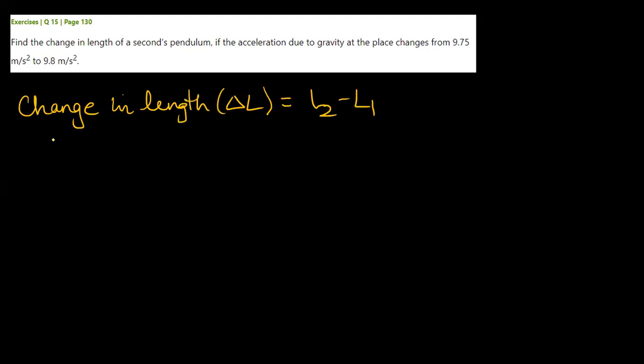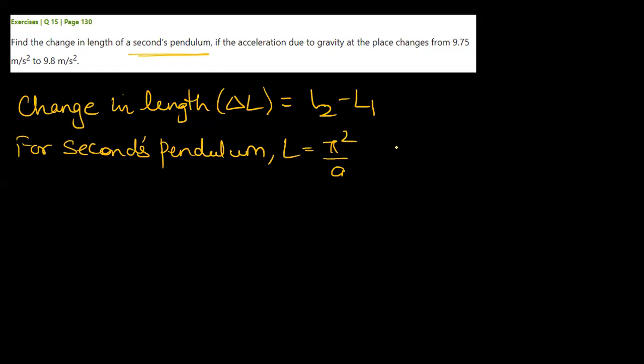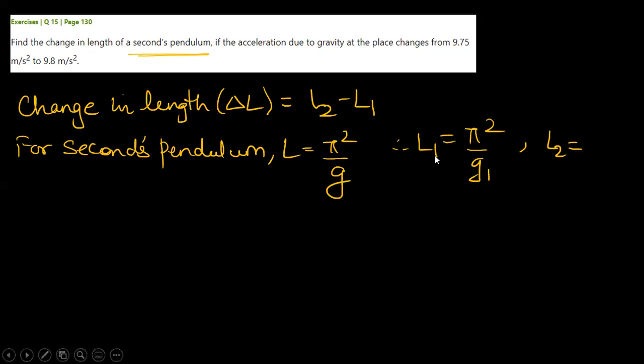For a seconds pendulum, we have a relation between length and acceleration due to gravity, and the formula is L equal to g by pi square.